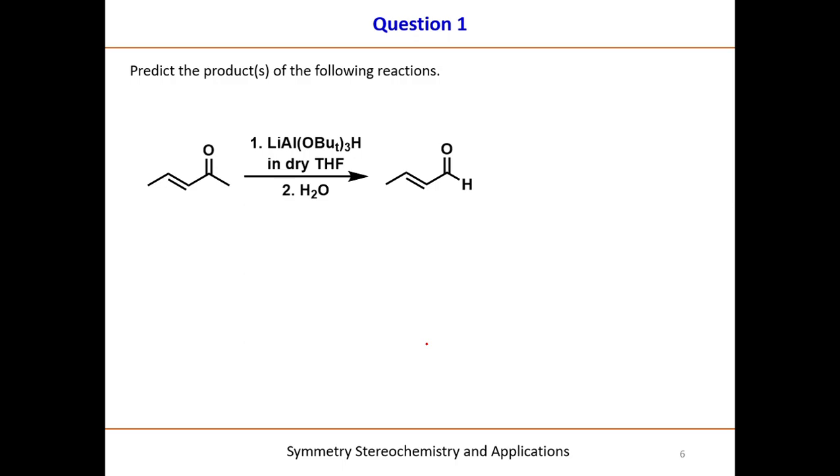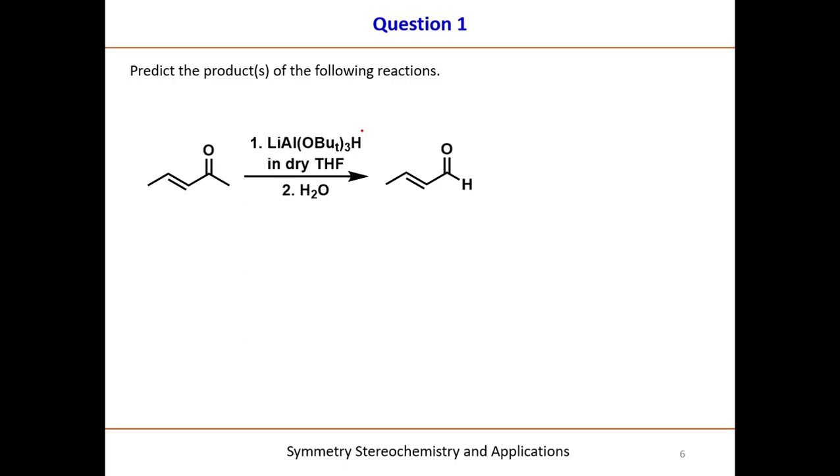Here you can see the reducing agent, lithium aluminium tri-tert-butoxy hydride. The structure will be similar to lithium aluminum hydride, but instead of the 3 hydride ions, here we will have O-butoxide groups.